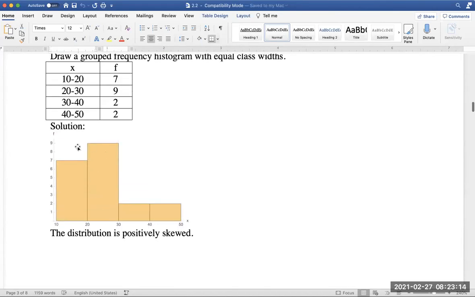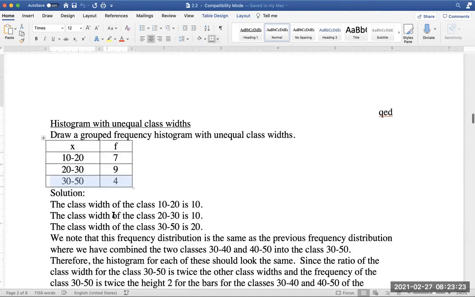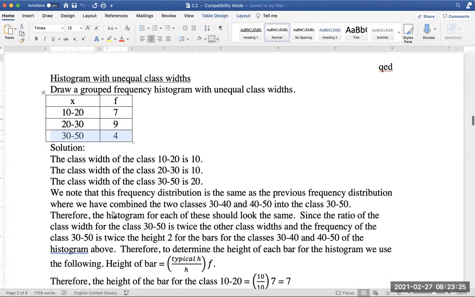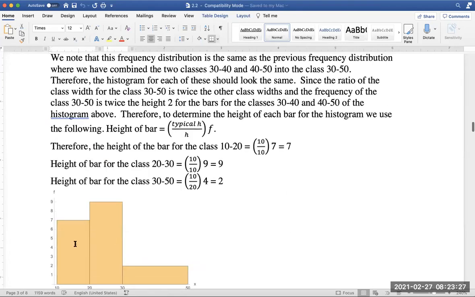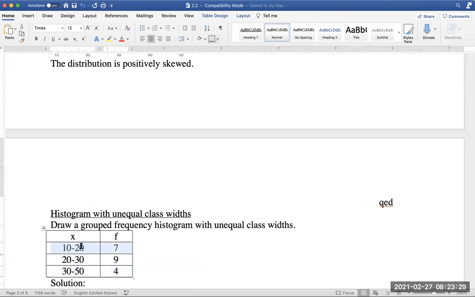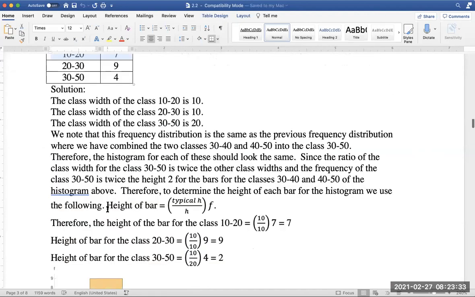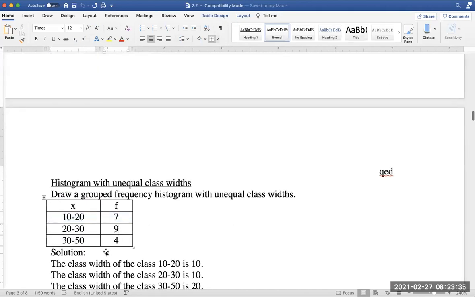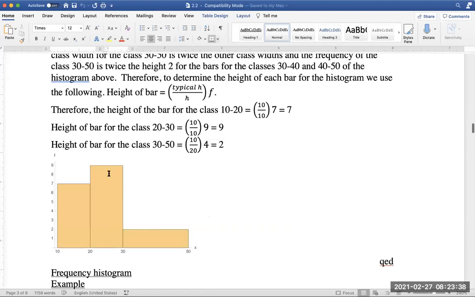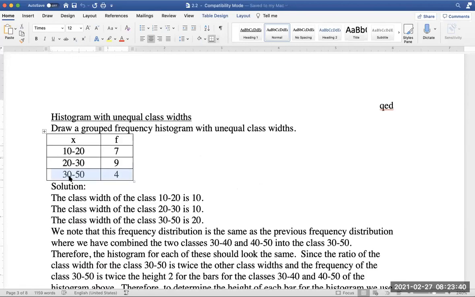When I draw this graph for unequal class widths, it should look the same as this. It's just that this will now extend out here. So between 10 and 20, I'll have a height of 7. Between 20 and 30, a height of 9. But now, between 30 and 50, the frequency is 4.